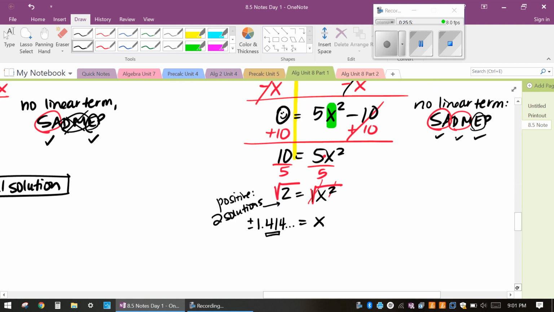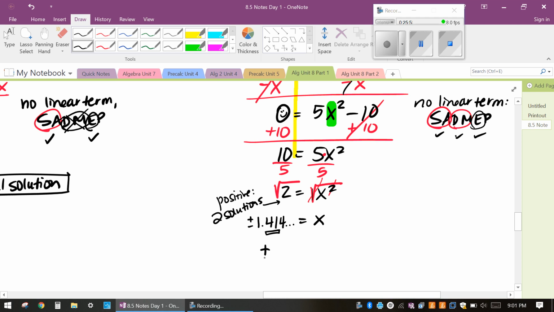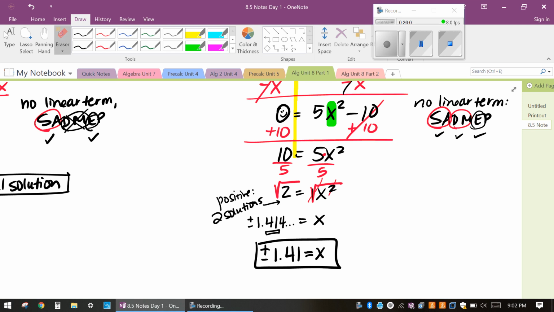If the third number is 4 or less, you're going to let it rest at 1.41. So x is approximately, and technically, guys, whenever you round an answer, you should be using the squiggly equal sign. Do you guys remember that? That's when you round an answer, so you're saying it's approximately 1.41.